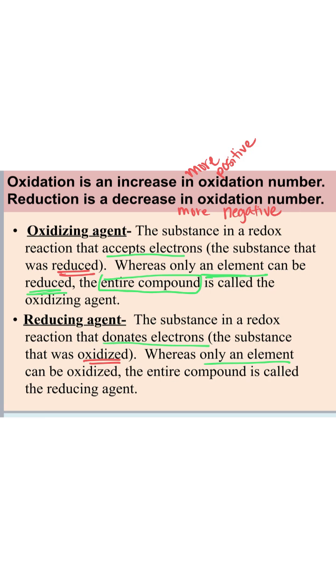Only an element can be oxidized, but the entire compound is the agent. So that is really, really important. That is a common mistake that happens, is students try to make the agent be an element and the thing that's being oxidized or reduced be the compound. No, the agent is the compound. It's the whole thing, okay? And it is making individual elements do oxidizing or reducing.